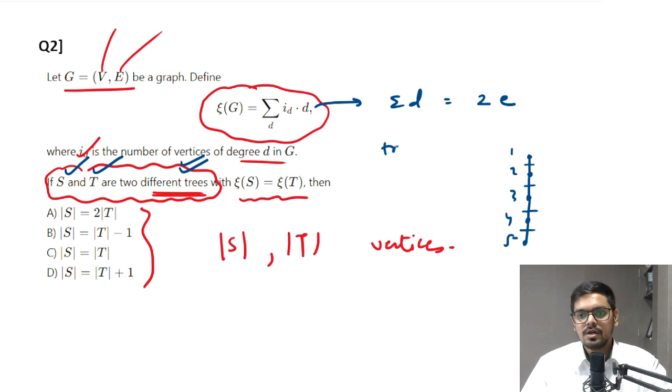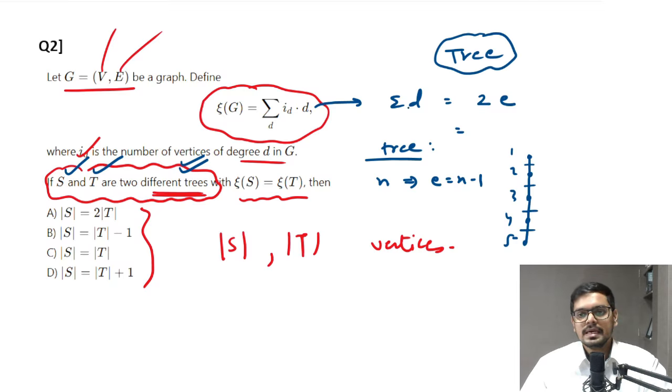So for a tree with n vertices, the number of edges is n minus 1. Based on this, the handshaking theorem changes for the tree. Since the complete question is for the tree, the summation of the degree is twice the number of edges, which is twice n minus 1.